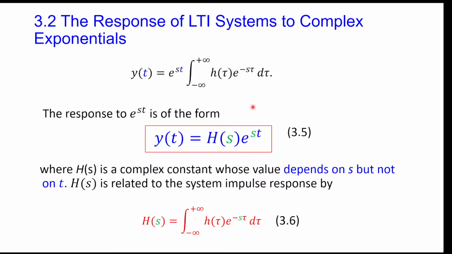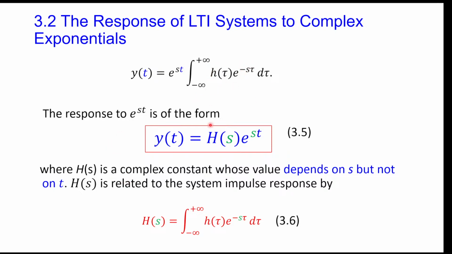So we just need to rename this whole integration. What are the variables inside? They are tau and s. But tau is getting integrated, so tau is just a dummy variable. So this whole thing only depends on two things: the function small h, and the value s.